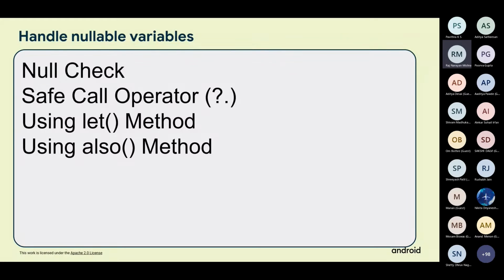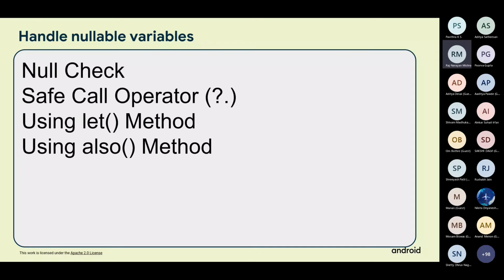Otherwise, it will give you a null value. This is a very simple method. Mostly all of us use this safe call operator because it's a single line operator, its syntax is easy to remember, and it's easy to use in functions.